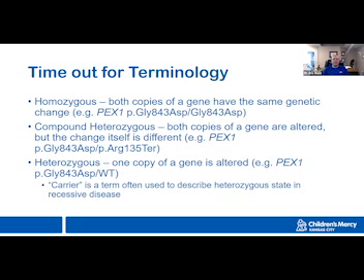And so in the case of a patient with a ZSD, we might be thinking of one of a very common PEX1 variant. Okay, whereas compound heterozygous means that both copies of a gene are altered, but the change itself is different.